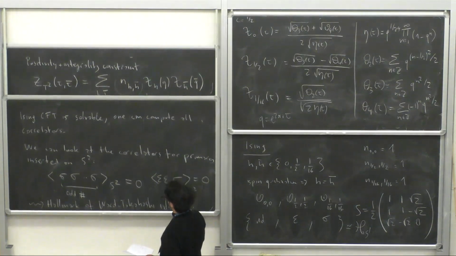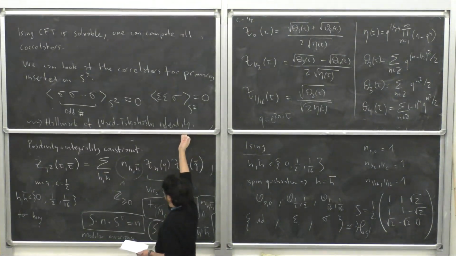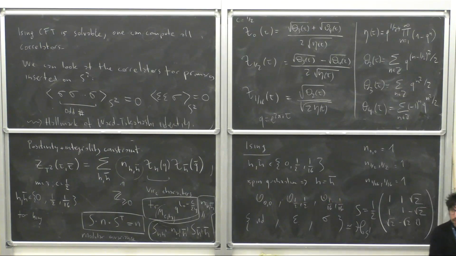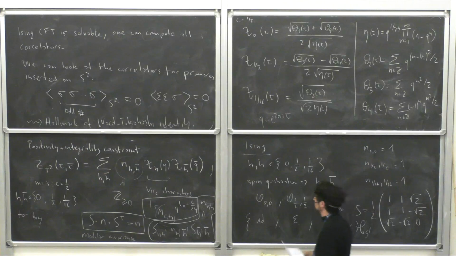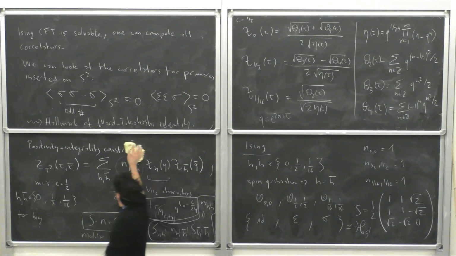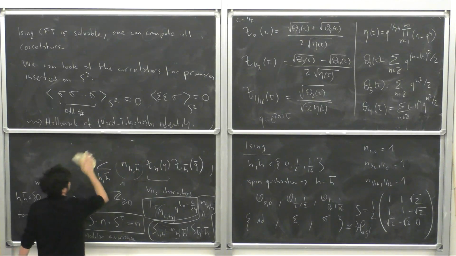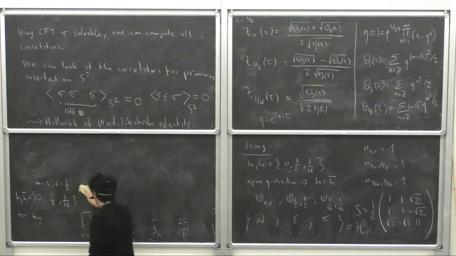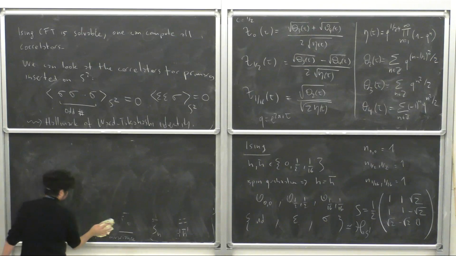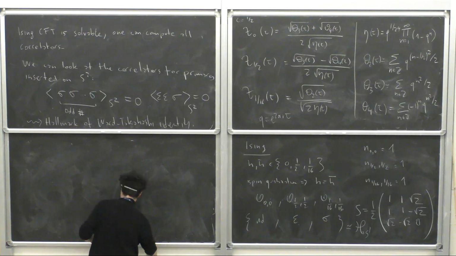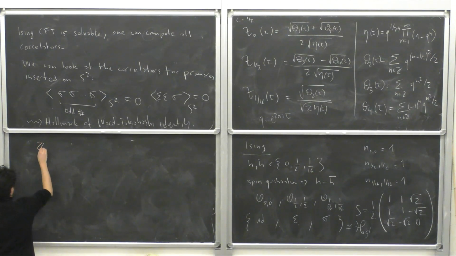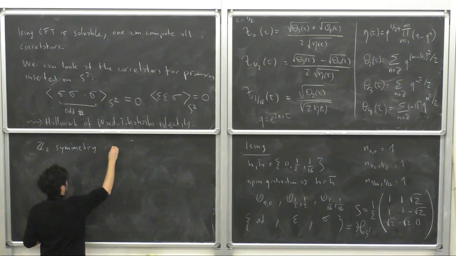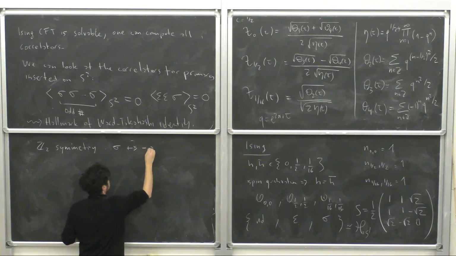And in this case, we have only a finite number of fields. We don't have much room to play with. A symmetry that can take care of these identities is just a Z2 symmetry acting on sigma, which takes sigma and maps it into minus sigma.